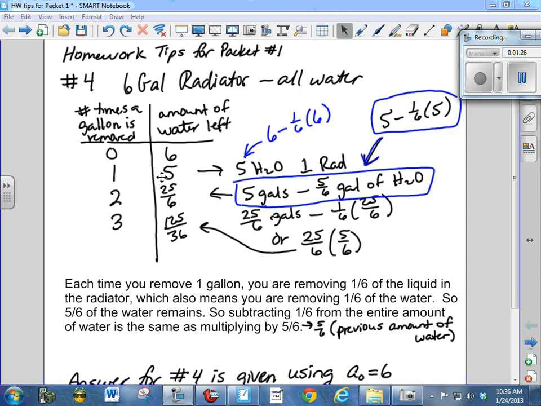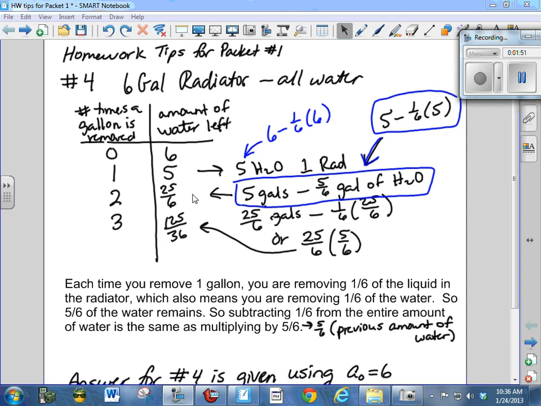So 5/6 of 5 is 25/6, or 4 1/6 gallons. That's how much water is left in the radiator. Now you have 25/6 gallons of water. You remove 1/6 of the liquid, so you're removing 1/6 of the 25/6. 5/6 of the 25/6 gallons of water remains, giving you 125 over 36.